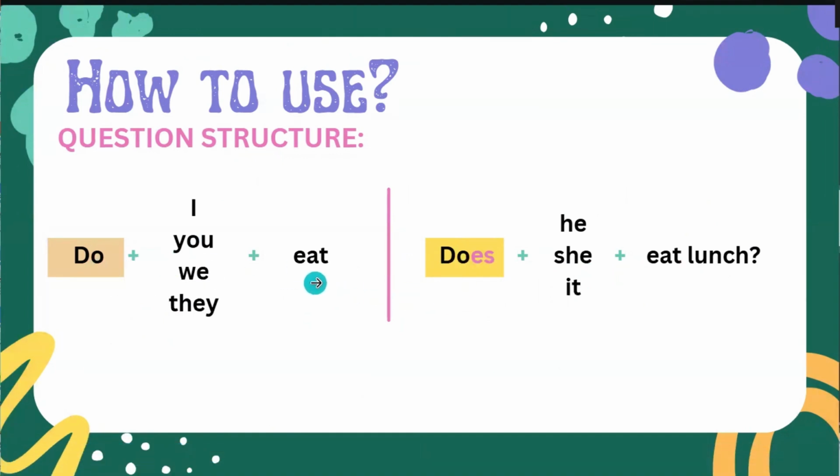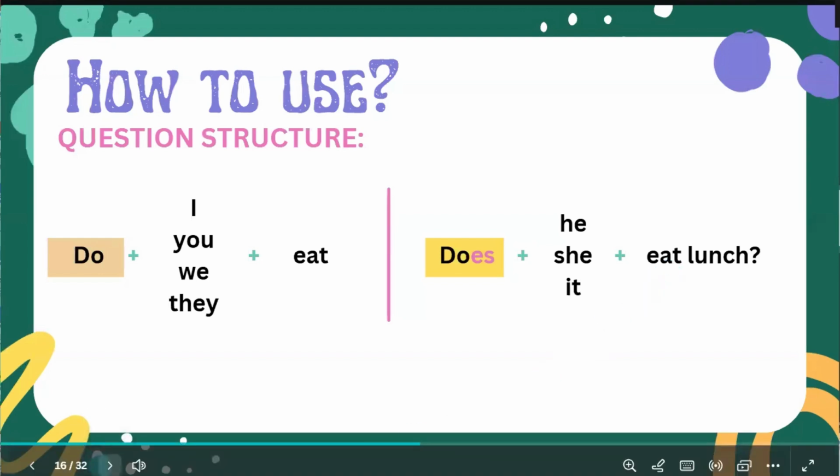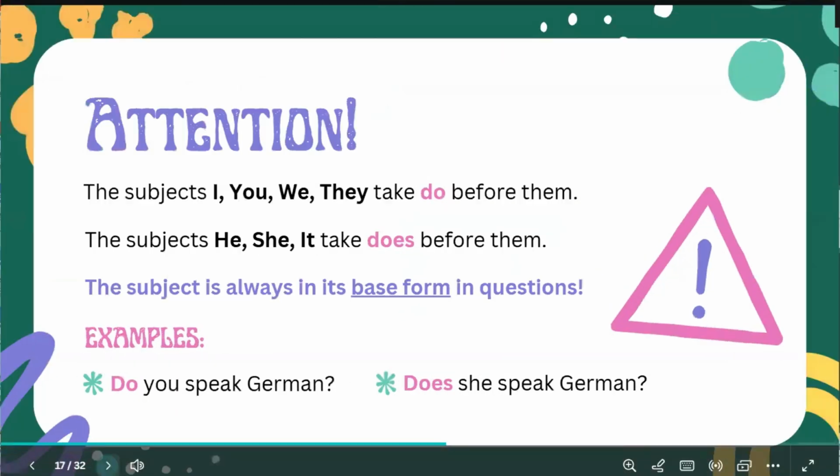Yung main verb natin, walang nadagdag sa both plural and singular subjects. Okay, so yeah, we have here examples. Do you speak German? So do's plural, you, plural. Singular, does she speak German?